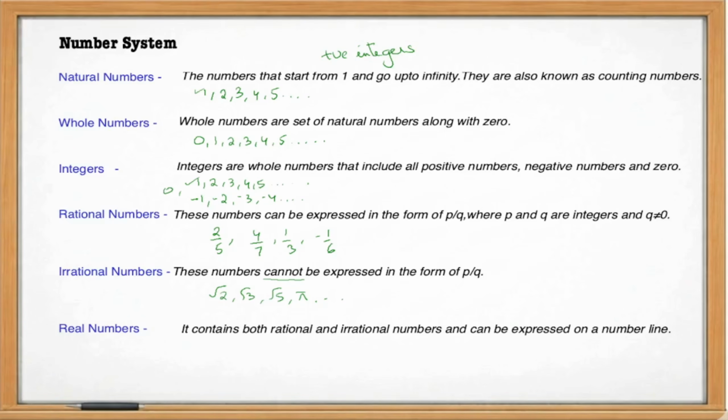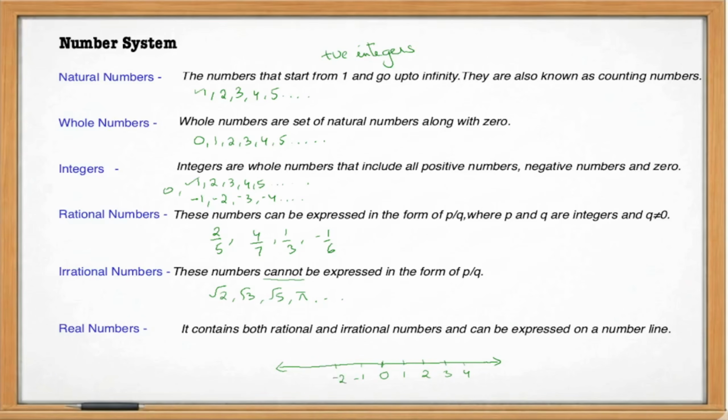Next, real numbers. It contains both rational and irrational numbers and can be expressed on a number line. That means if you draw a number line, see, in previous grades also you must have studied this, right? Drawing a number line, on the right side you have the positive numbers, then on the left side negative numbers.